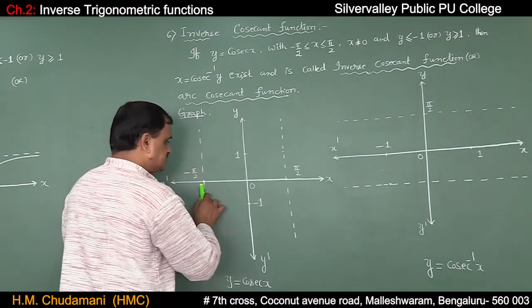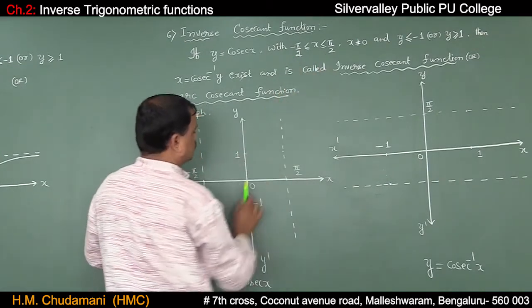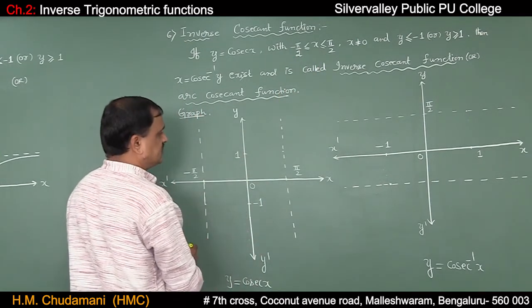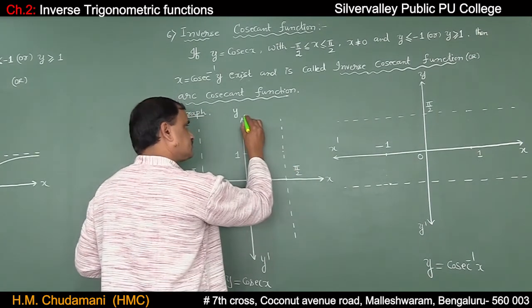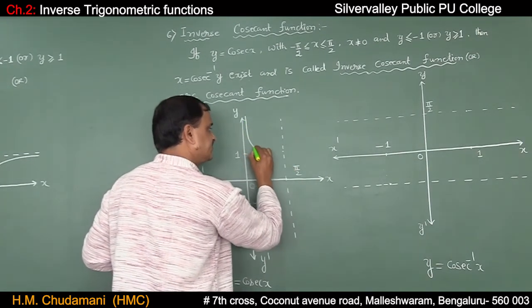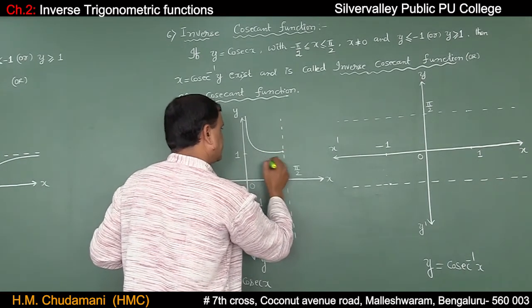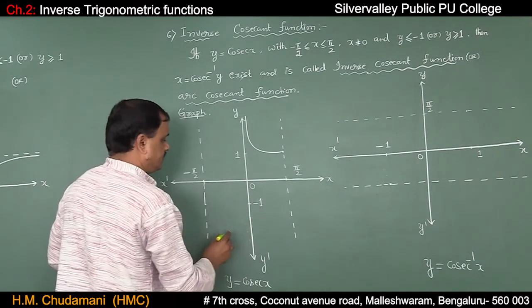X-axis minus pi by 2, 0, pi by 2. So minus pi by 2 to plus pi by 2. And on y-axis plus 1 and minus 1. Something like this. I mean it takes pi by 2 actually. It won't meet 0. Okay.